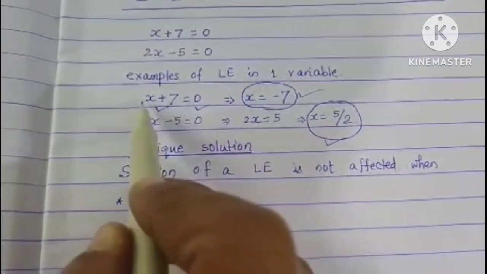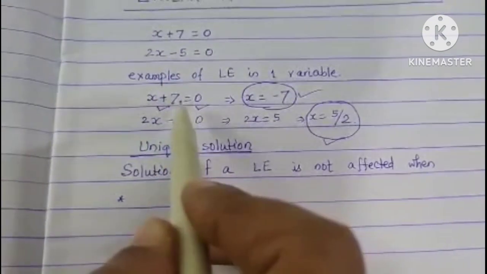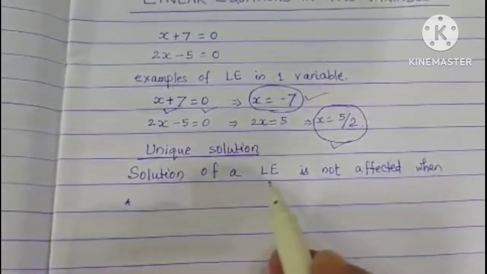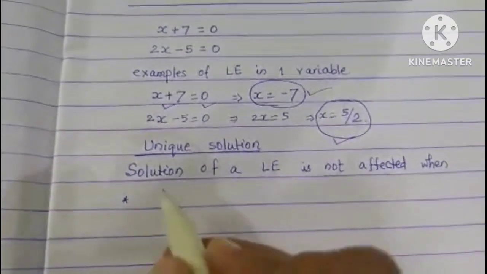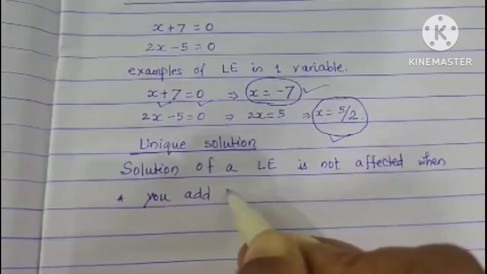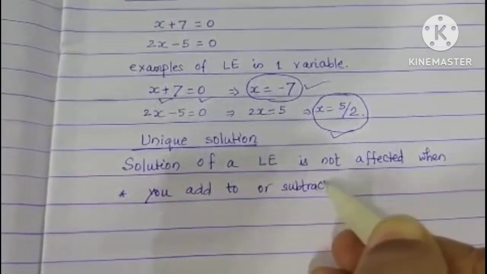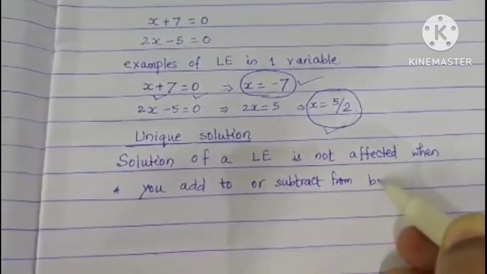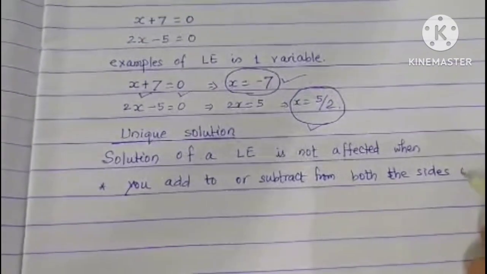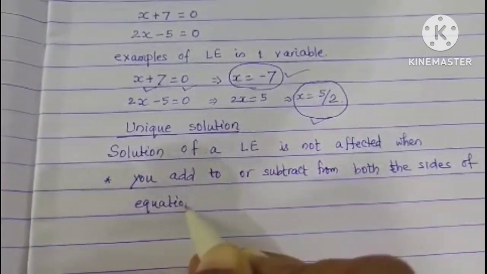If you add plus 5 on this side and plus 5 on this side, then the equation will not be changed, and so the solution will also not be changed. So the solution of a linear equation is not affected when you add to or subtract from both the sides of the equation. So the solution will not change.